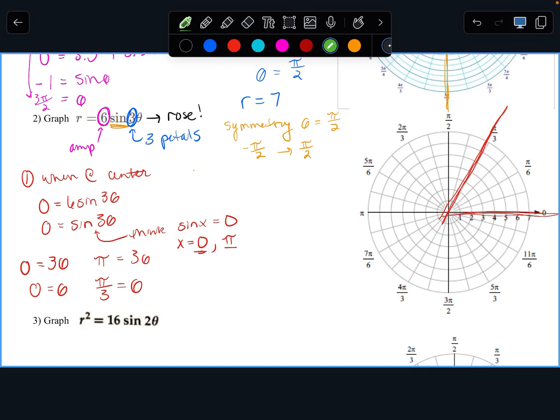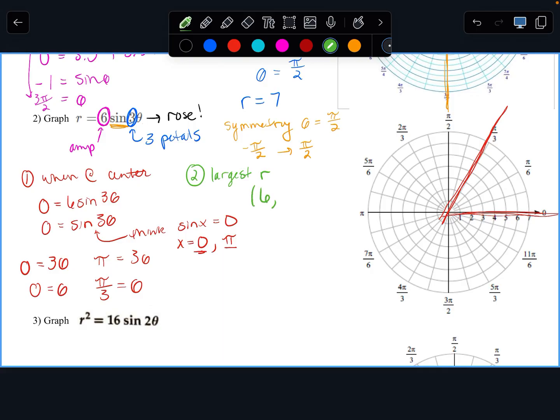going the furthest out. So my second step is figuring out the largest R. Right? So for this one, I know it's going to be 6 because that's the amplitude. But when that angle happens, it's going to be midway between the 0 and the pi over 3.